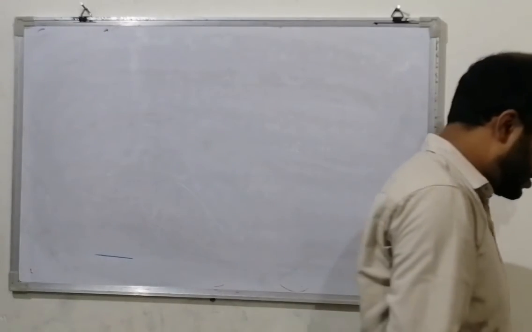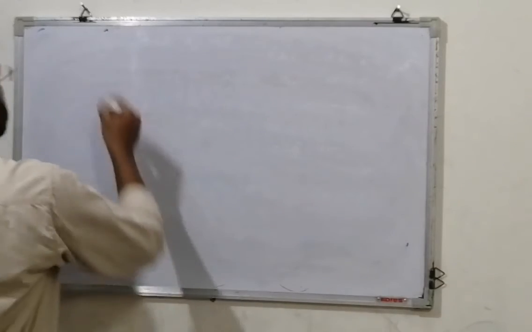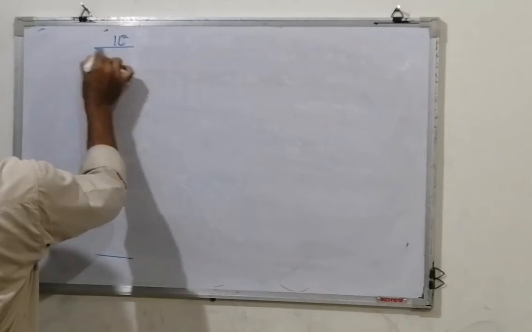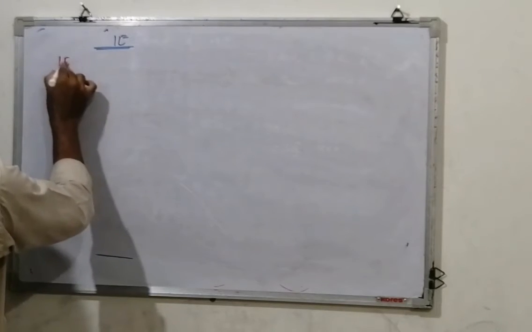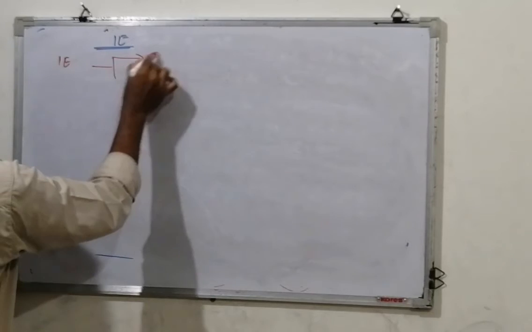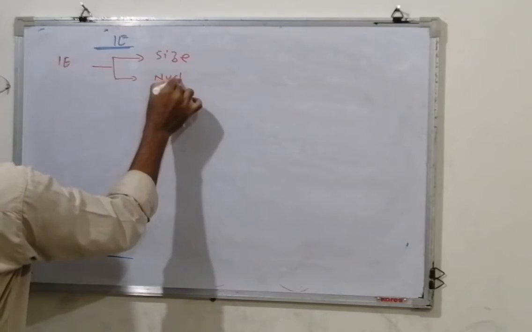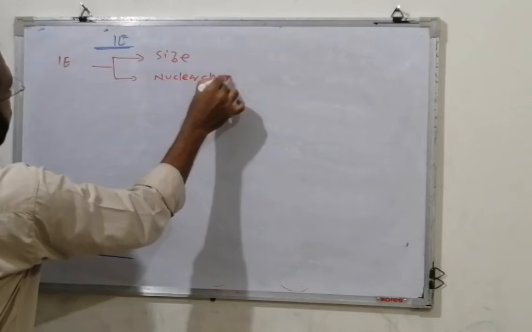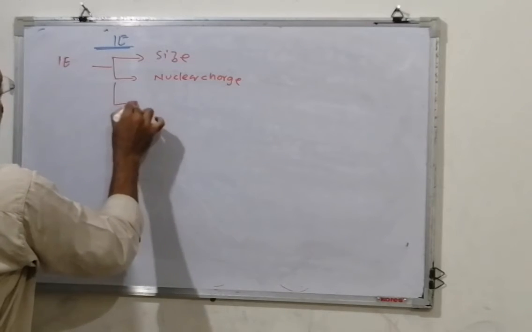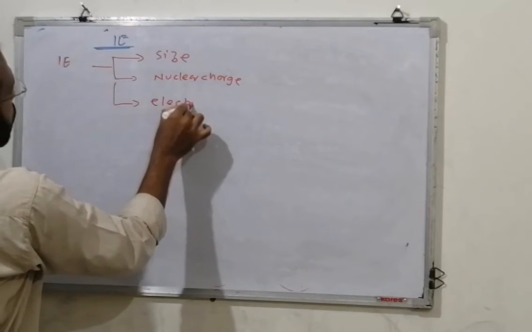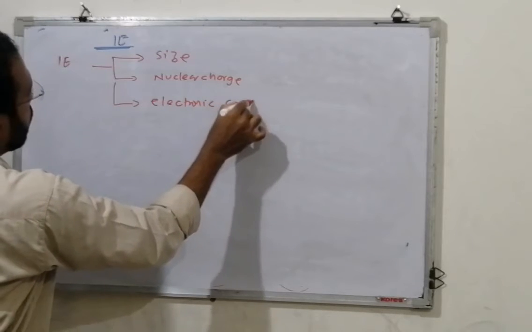Now, ionization energy: the energy required to remove an electron from the valence shell. Ionization energy depends upon size, nuclear charge, then electronic configuration.